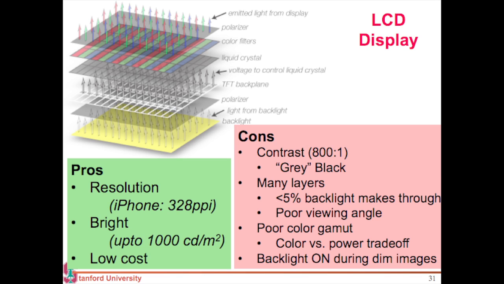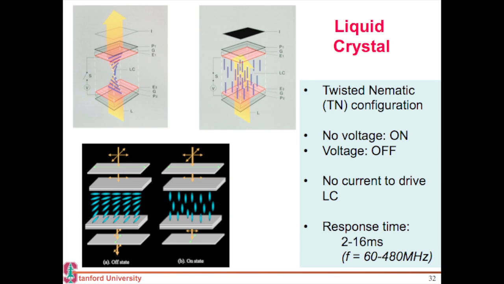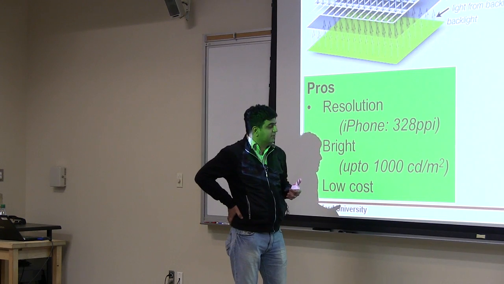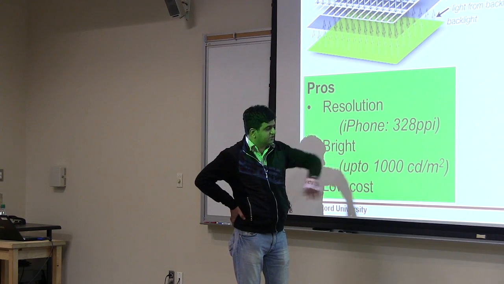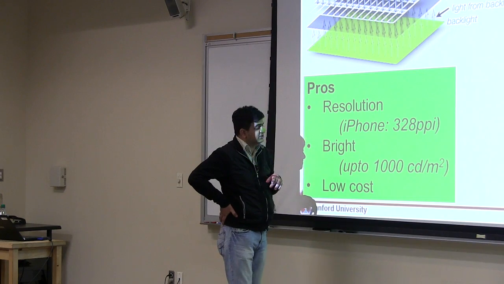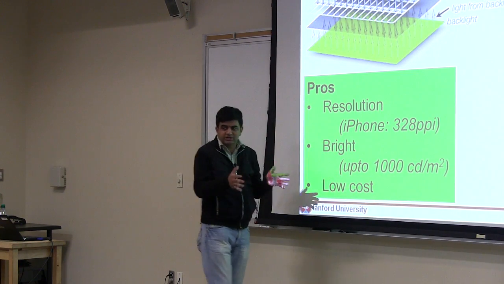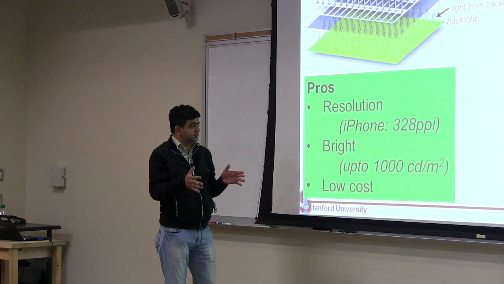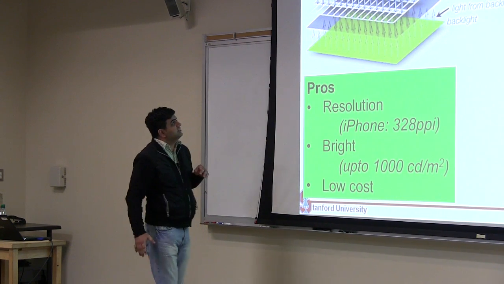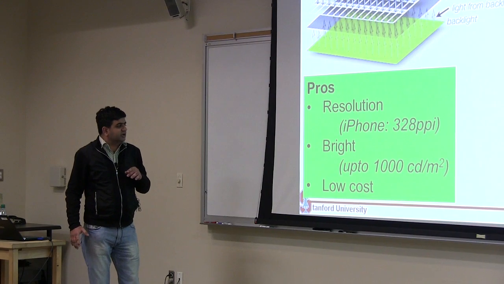And this candela per meter square is the unit of luminosity, and what it means is one candela means one candle shining, and you're holding it 1 meter away, and that light is falling on a square meter. So 1,000 candela per meter square means 1,000 of these candles shining in 1 meter square of space, and that's quite a lot of candles. So these displays can get very bright.